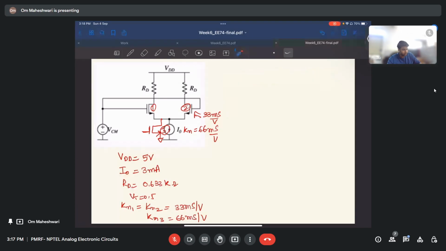There is a term for this, called ICMR, the input common mode range. It means what is the range of VCM that I can apply to bias these input transistors so that this circuit works.